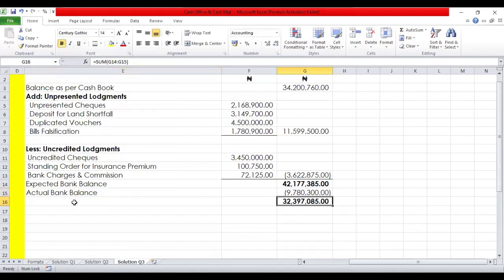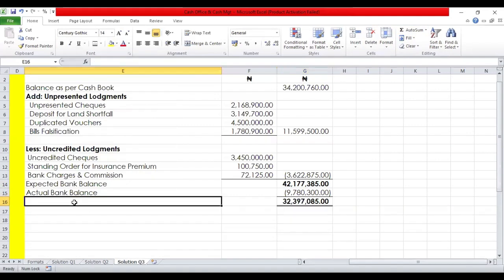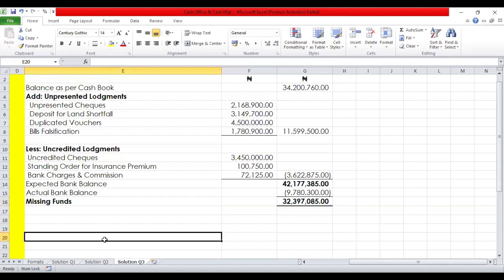Simply means we are looking for 32 million. Missing fund, 32 million. So take this, that is the money that is missing. It's more money compared to that of Yaya Bello.